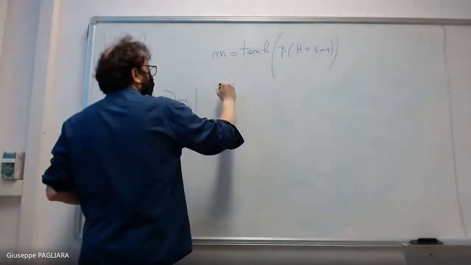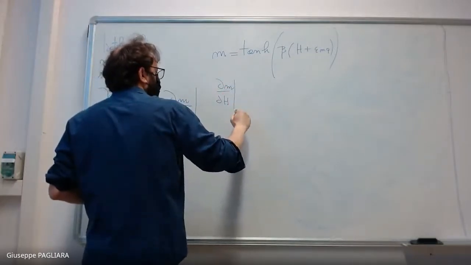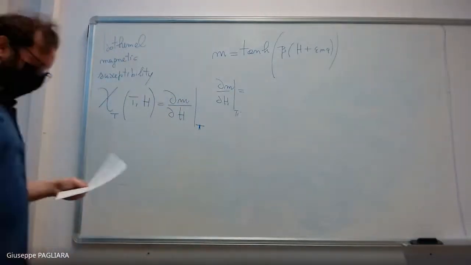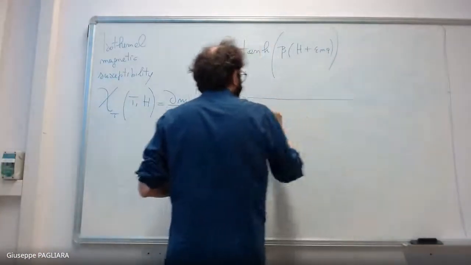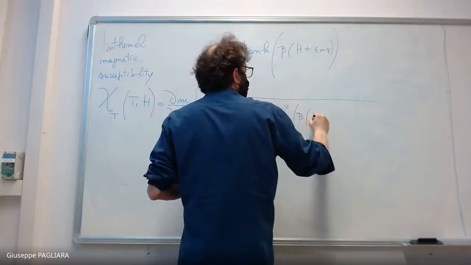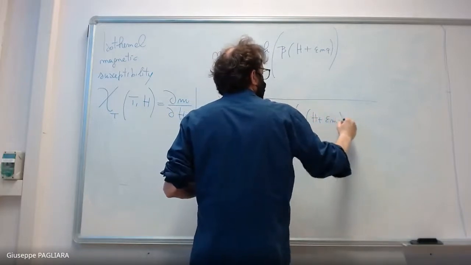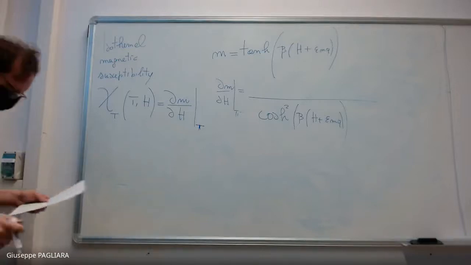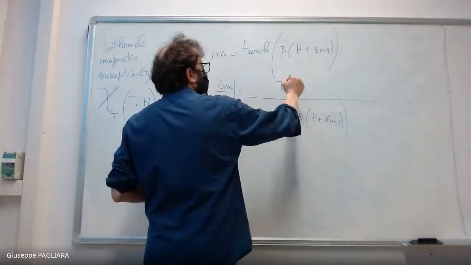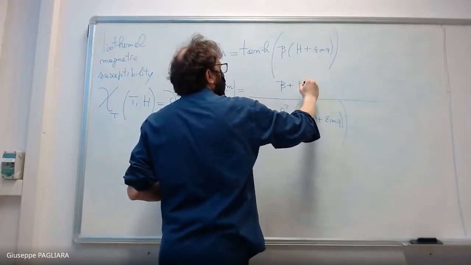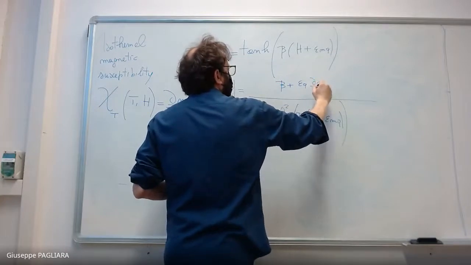The partial derivative of m with respect to h at fixed temperature is equal to 1 divided by cosh squared of beta times h plus epsilon q m. Then I have to derive what is inside the hyperbolic tangent, and deriving with respect to h, I get a beta. Then I have to derive this quantity with respect to h, so I will have plus epsilon q times the derivative of m with respect to h.